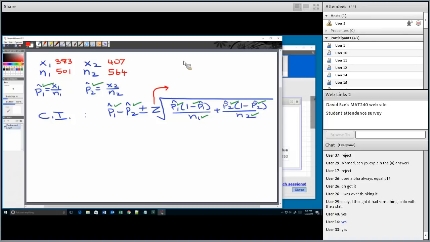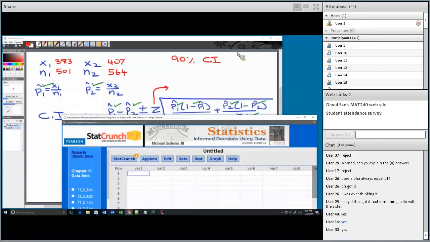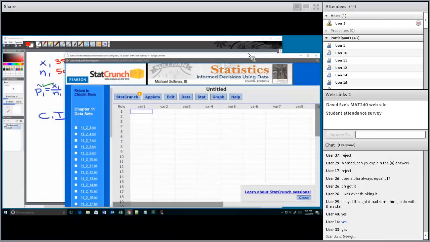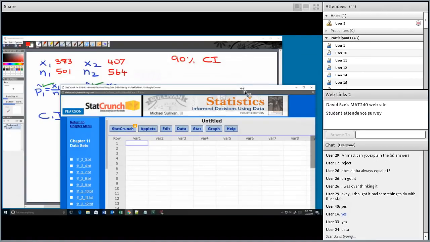The question says we need a 90% confidence interval. So let's see who gets the extra bonus point tonight. How can we find the critical Z for a 90% confidence interval? Can someone walk me through it? Let's see.